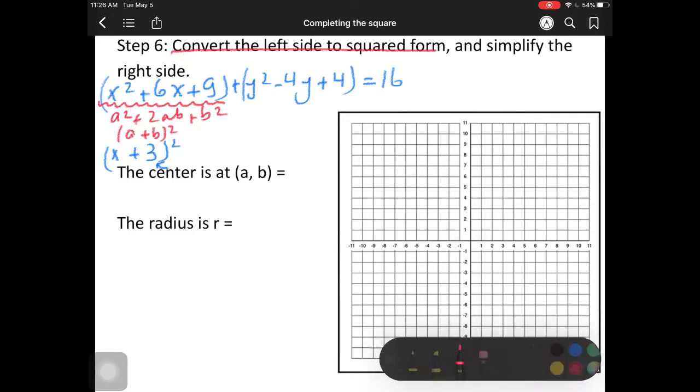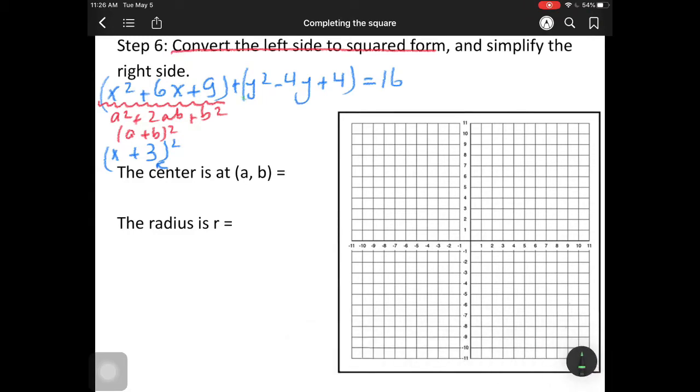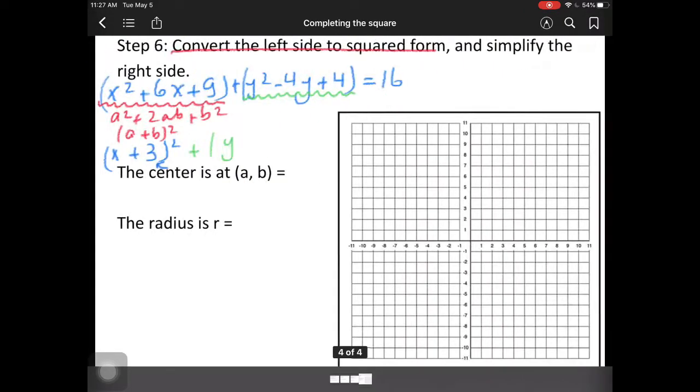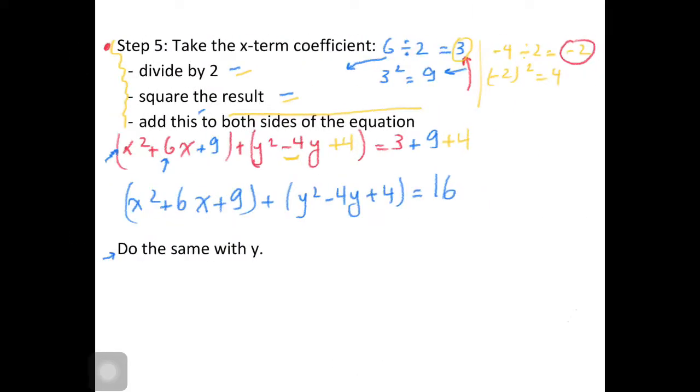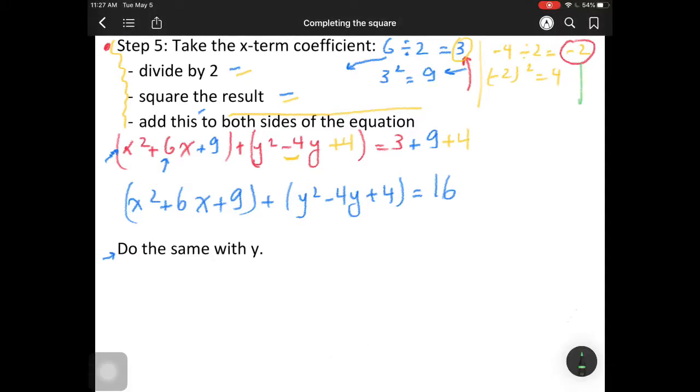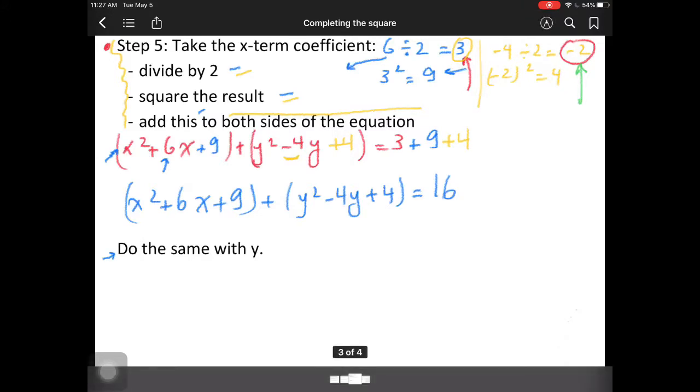So again, we need to convert this to squared form. So this would be y. What is it? Go back and check. It is the result of dividing the y term coefficient by 2, which gives you minus 2.